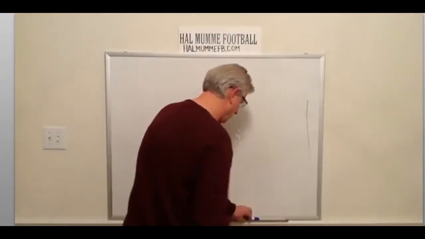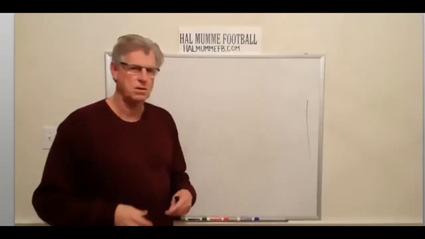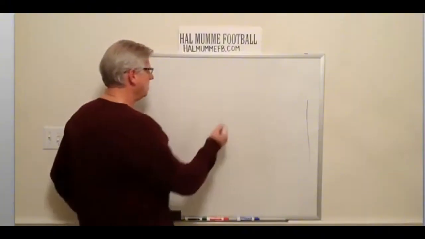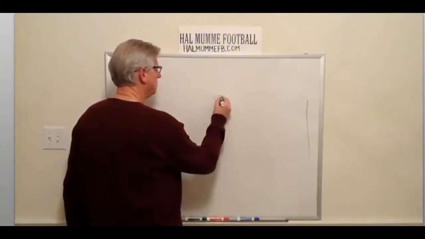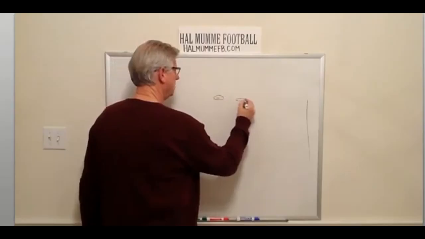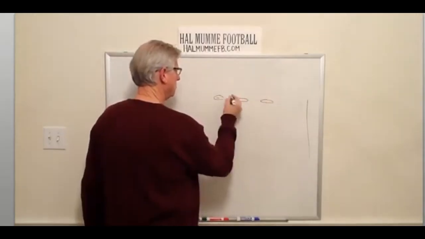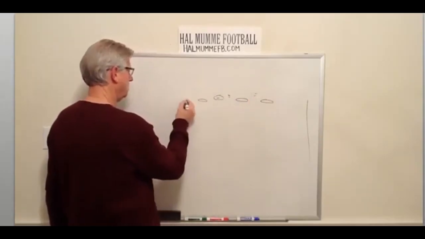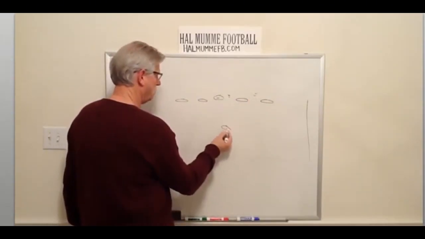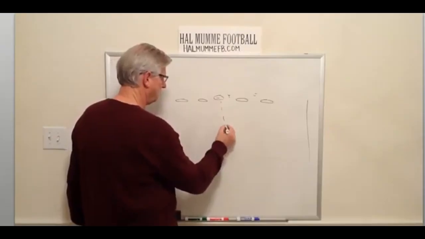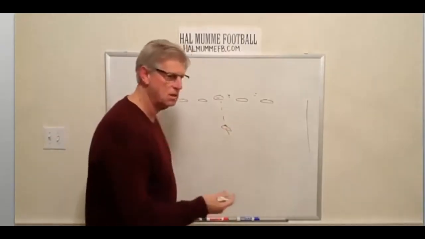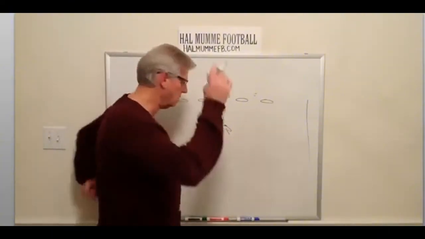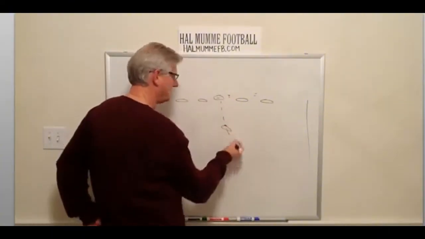The next thing was the line schemes themselves. And in the air raid, we had big splits. So let's say we had 3 and we had 5. And the quarterback's toes would be at 5 yards, heels at about 5.5, maybe 6, depending on the height and the athleticism of the quarterback.